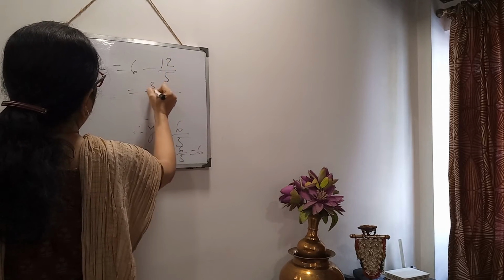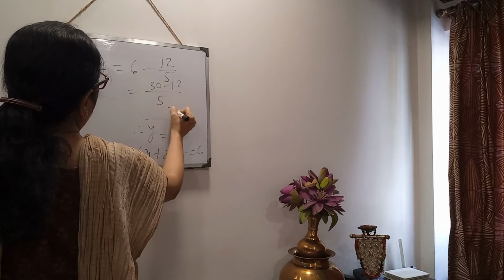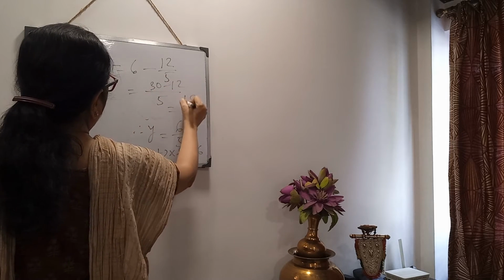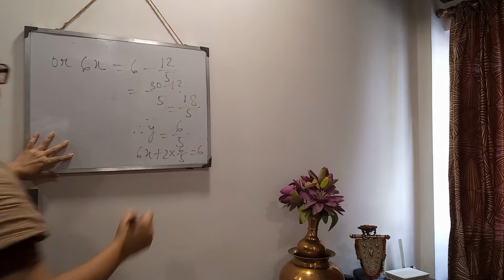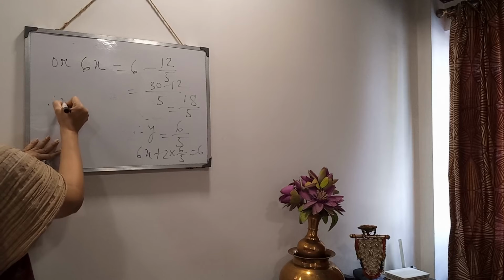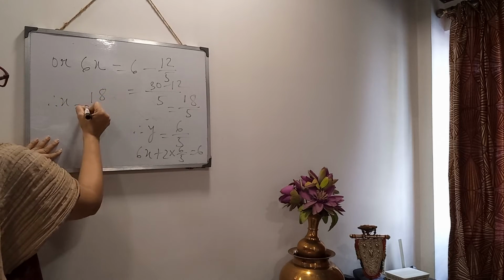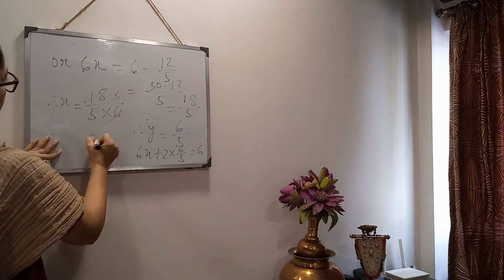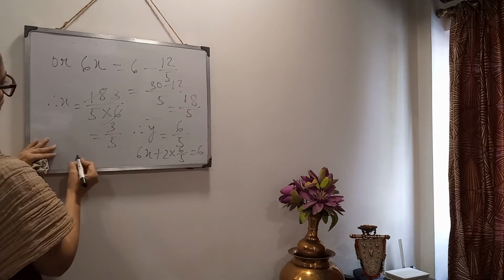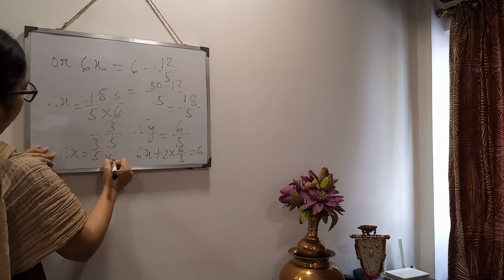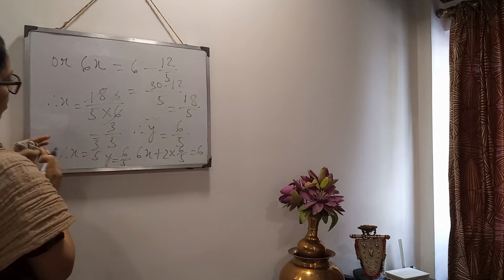LCM 30 minus 12, 18 by 5. Therefore, x is coming 18 by 5 into 6. So the value of x is 3 by 5 and y is 6 by 5.